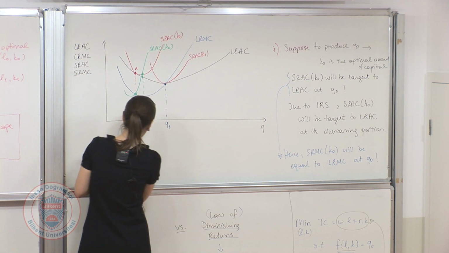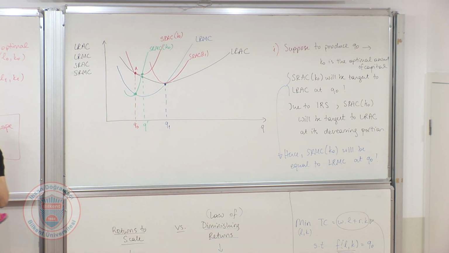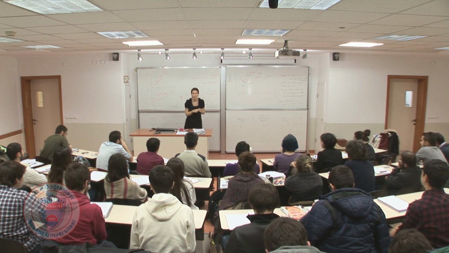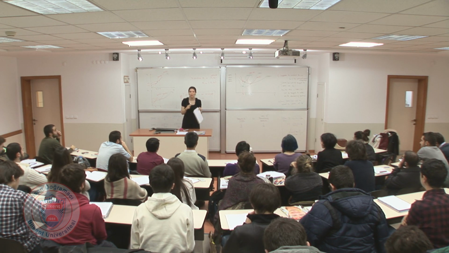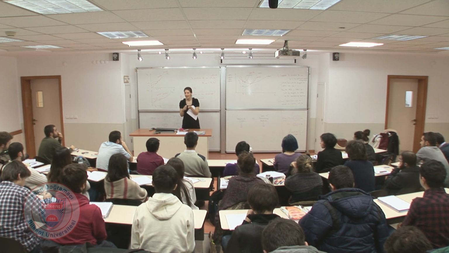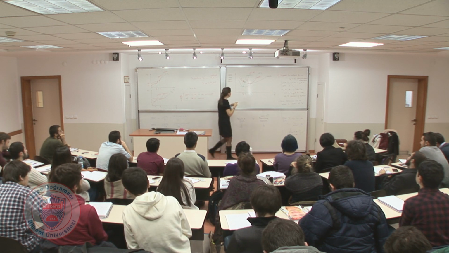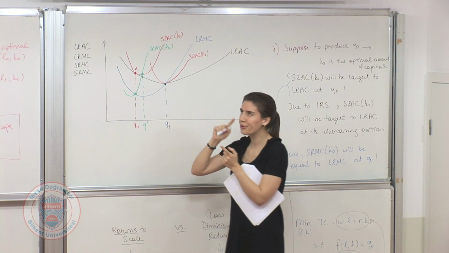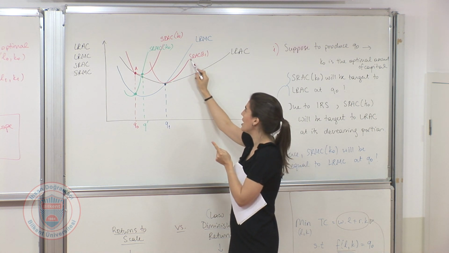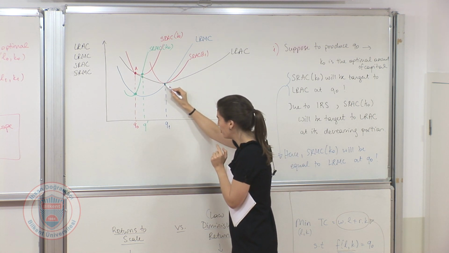Now that we know that, what else can I say? Let me think of the marginal cost curve. How shall I draw the marginal cost curve? It should go through where? You said it has to go through the minimum of the short-run average cost curve, so it has to go through here.